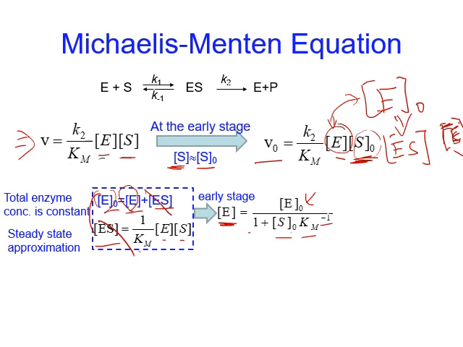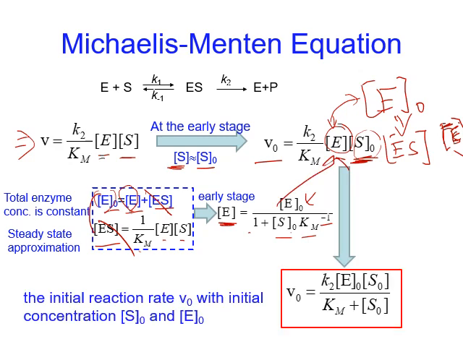Plug in this equation. All right. So finally, we have the rate law that we can use to calculate the reaction rate at the early stage, which is k2 times E naught, the initial enzyme, times S naught, the initial substrate concentration, divided by the Michaelis constant plus S naught, the initial substrate concentration.